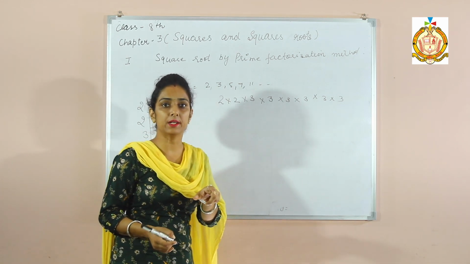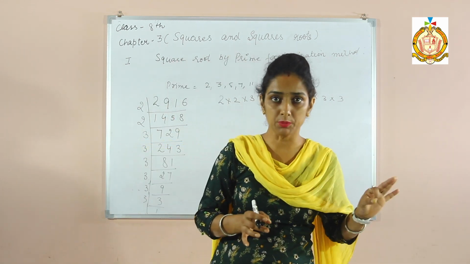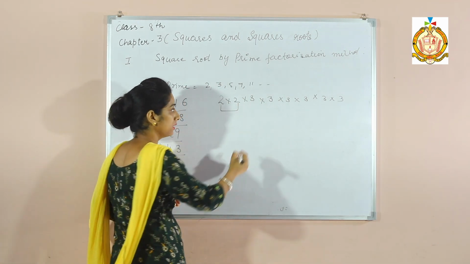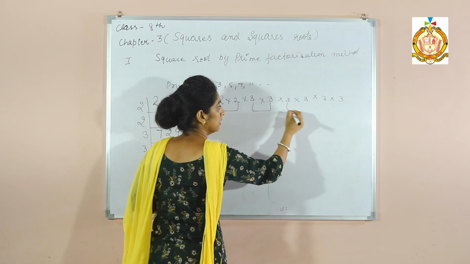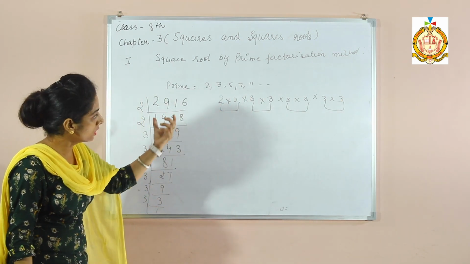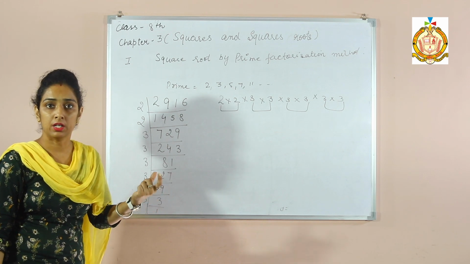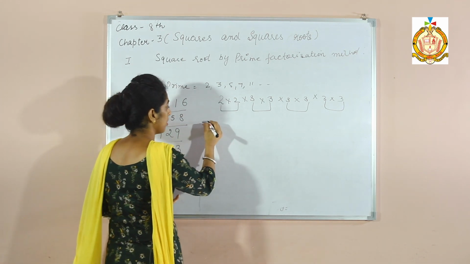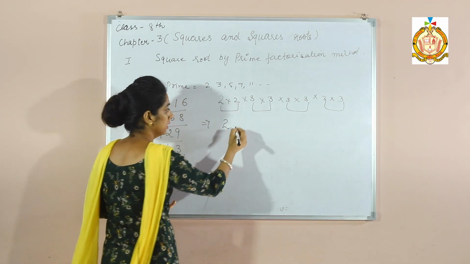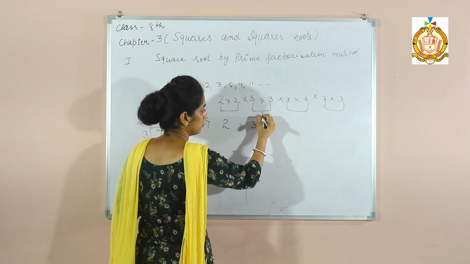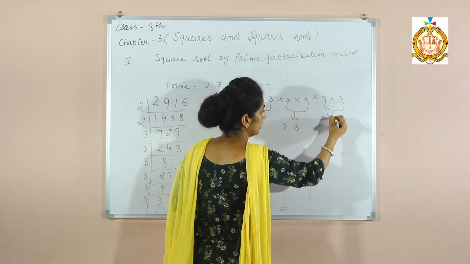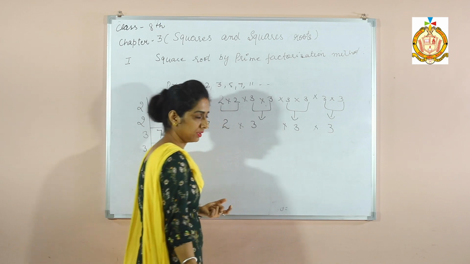Now after that, make pairs. This is a pair, this is a pair, this is a pair, and this is a pair. Take one common factor from each pair: take a 2 from there, a 3 from there, another 3, and another 3.